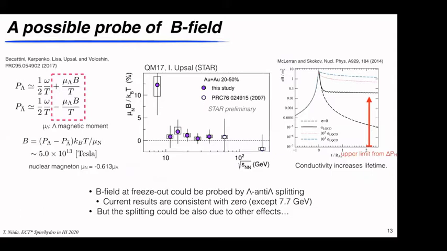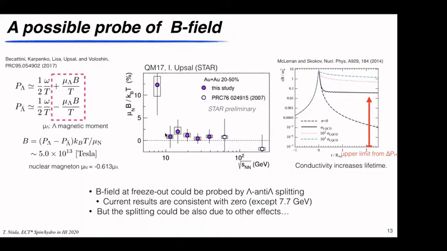As I mentioned, you saw the slight difference between the lambda and anti-lambda polarization, although the difference is not significant in terms of statistical error. But using this formula, one can also calculate the magnetic field, with a result like this. Again, the error bars are consistent with zero, but with some positive mean value.